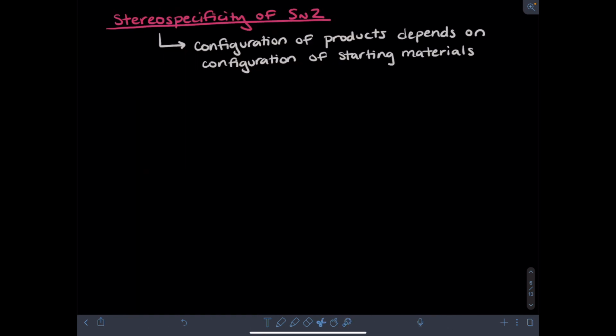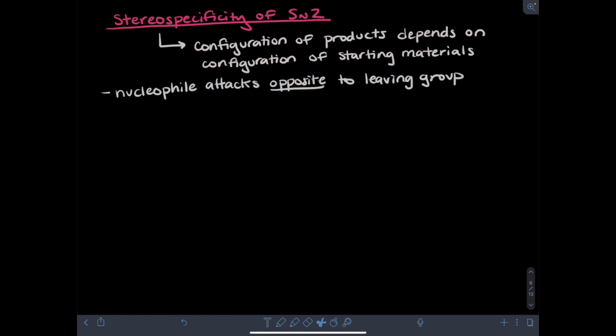With this mechanism in mind, I want to delve in a bit more and talk about a particular aspect of the stereochemistry for SN2 reactions. The term I'm going to use is stereospecificity, which simply means that the R-S configuration of the products depends on the R or S configuration of your starting materials.